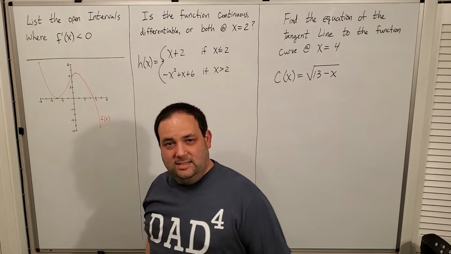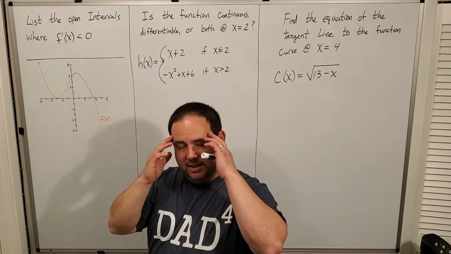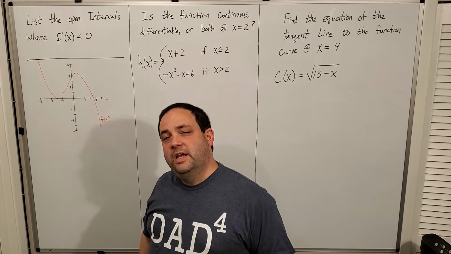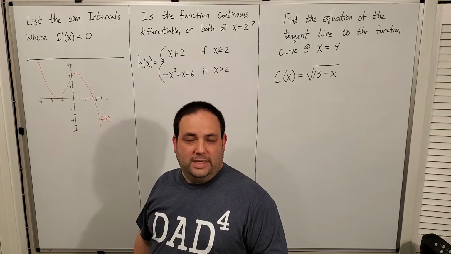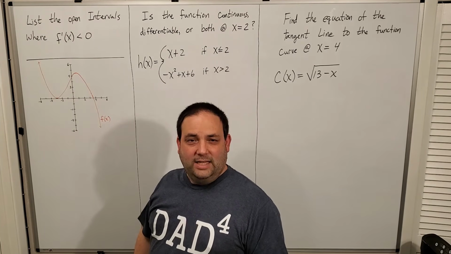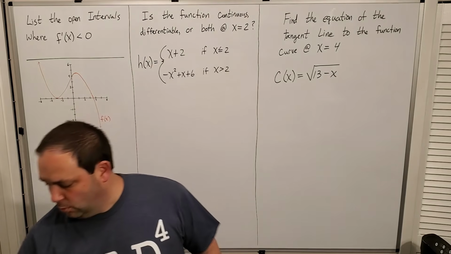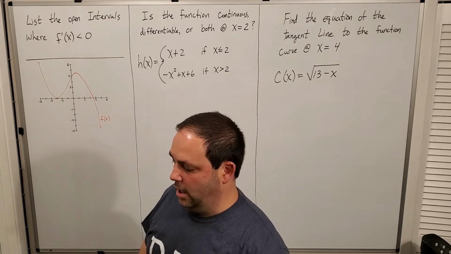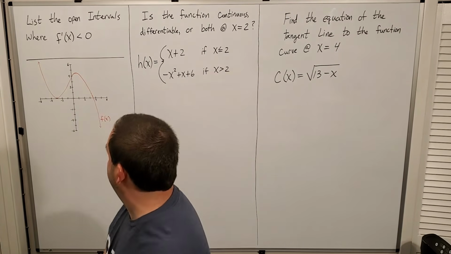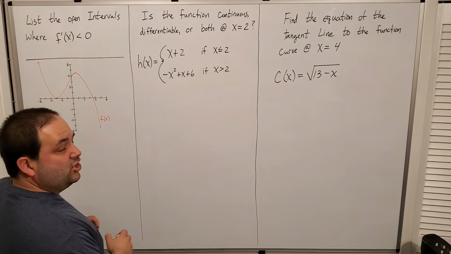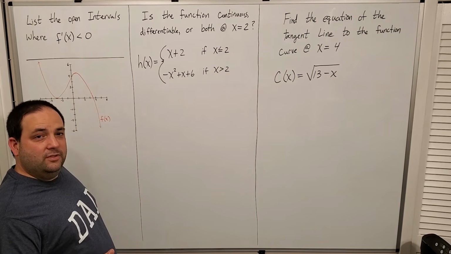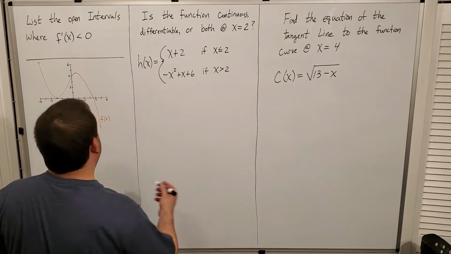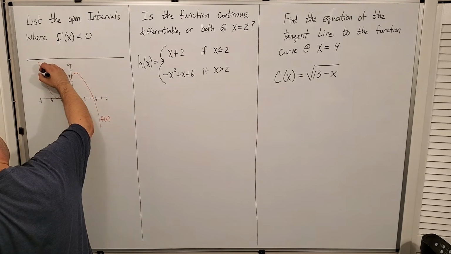So think back to the definition of derivative. One of the definitions we use is the slope of a tangent line. If you were to draw tangent lines on this graph, wherever the slope of those lines is negative, the derivative is negative.